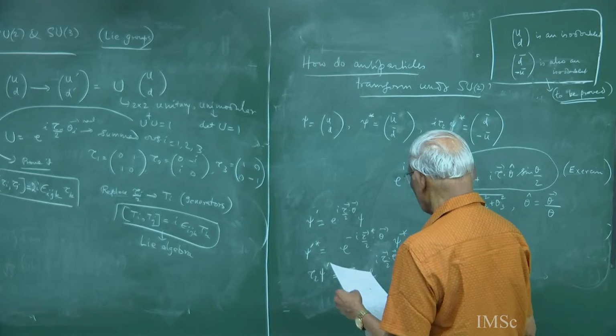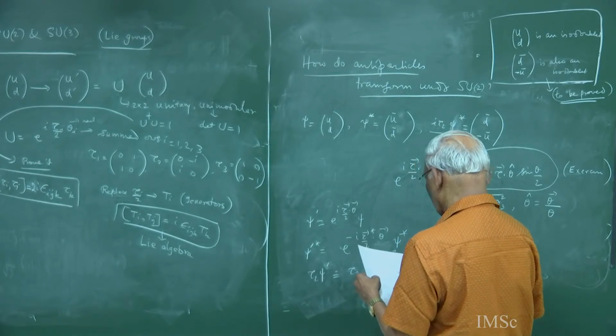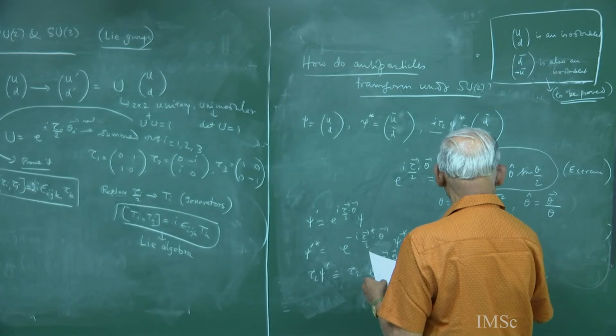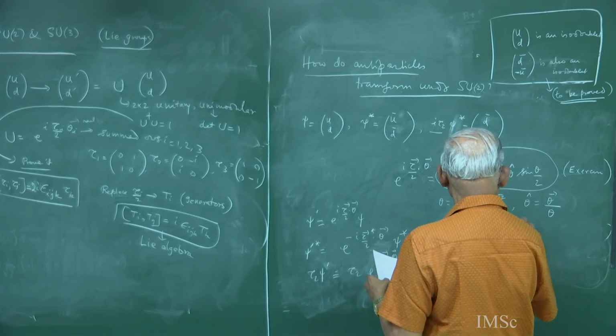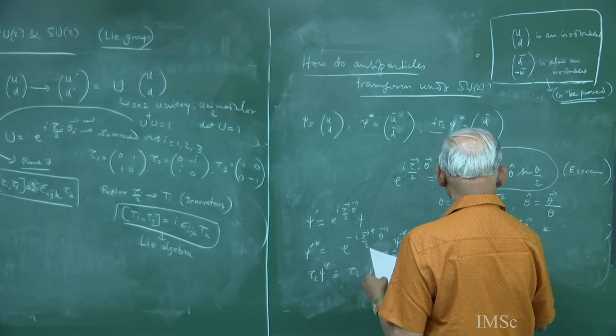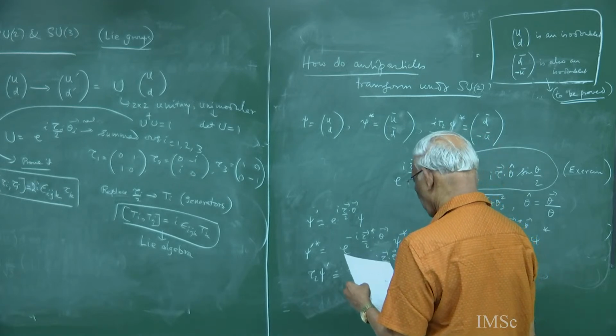Maybe it can be done more simply, I do not know, I am doing it in a very clumsy way, I think. Tau 2 e to the power i psi star. The important thing is I have to commute this with this.